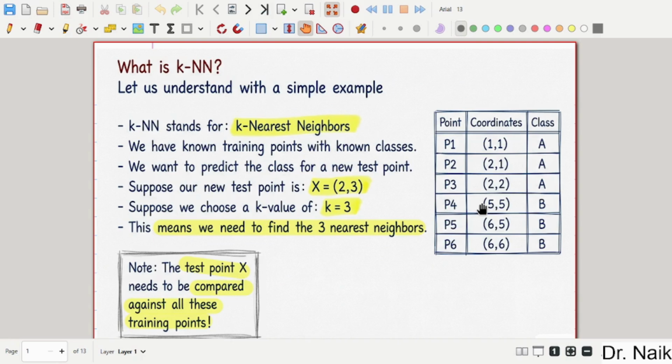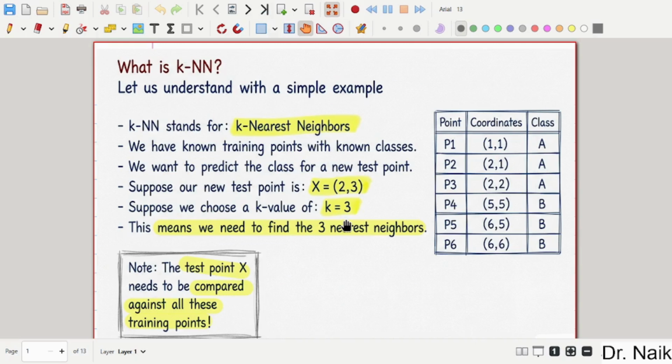Now we receive a new test point and the class of this new test point is unknown, and our task is to predict the class for this new test point. Suppose for example our new test point is x equal to (3, 3), and we are given a value of k as k equal to 3.